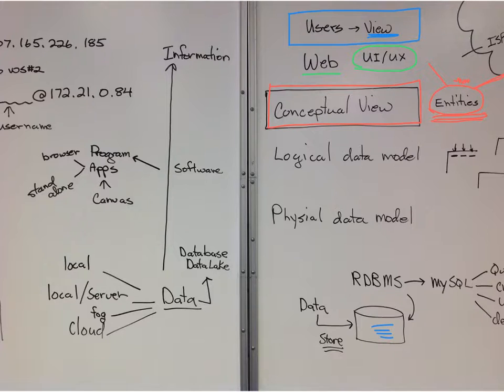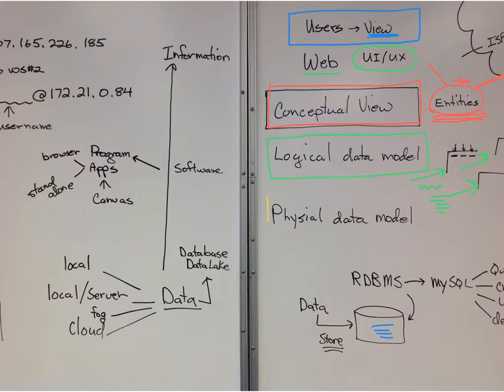Then you build logical data models. I draw tables like this. You can draw it different ways. You can list the entity and then list the fields or attributes underneath it. And we're doing a lot of work now dealing with that coming up.